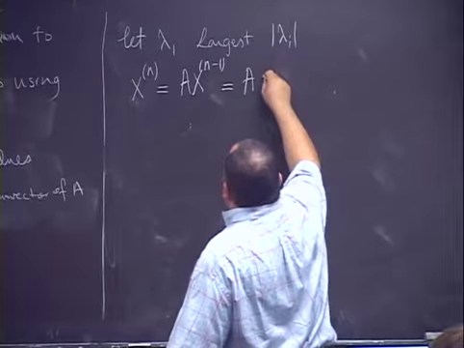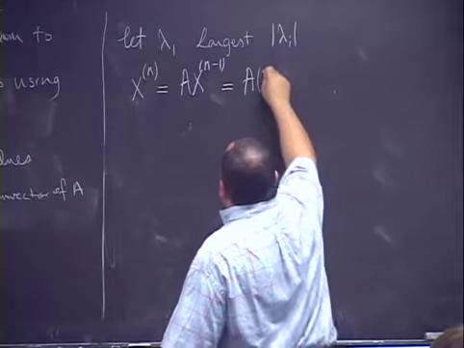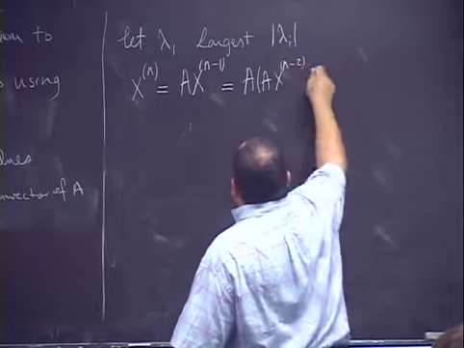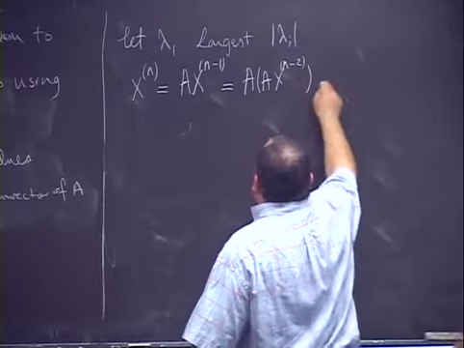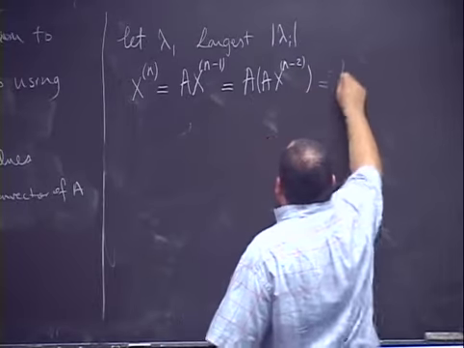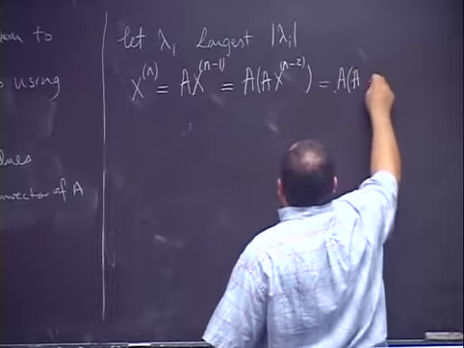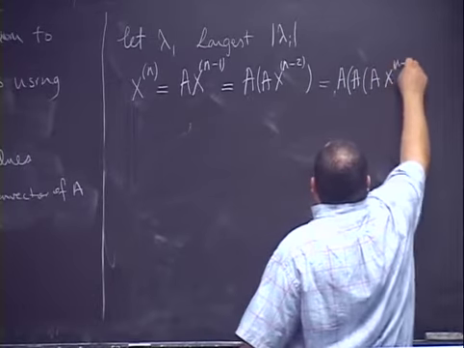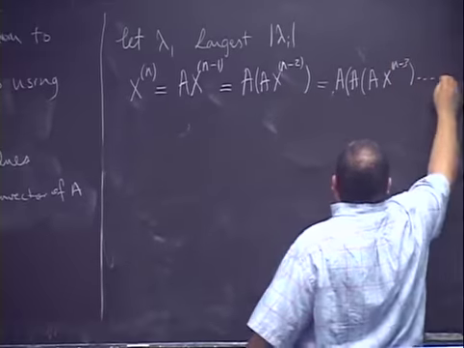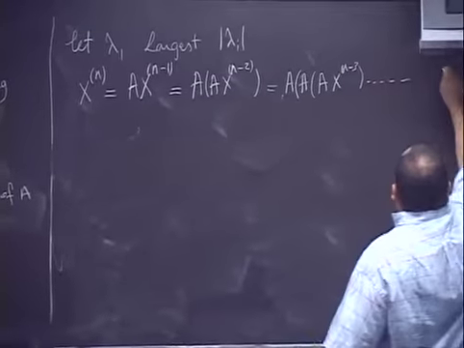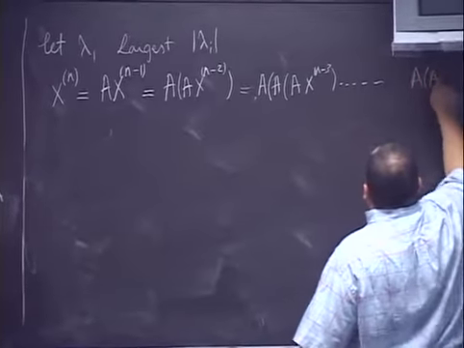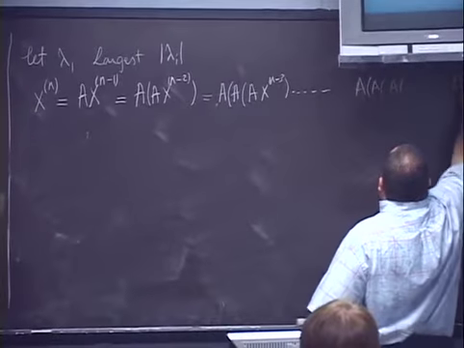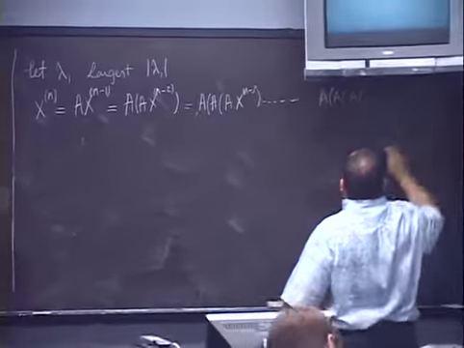x_{n-1}, it will be just a multiplied by x_{n-2}. And what's x_{n-2}? It's a x_{n-3}, and so on, until you finally reach x_0.